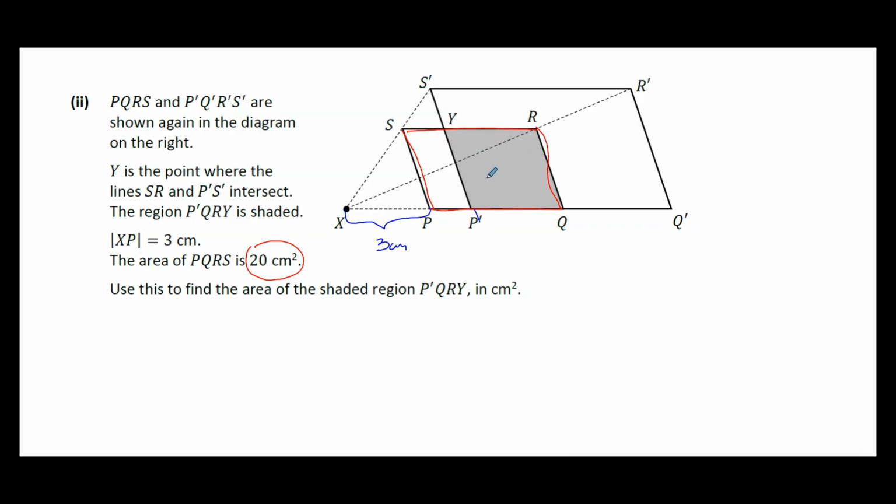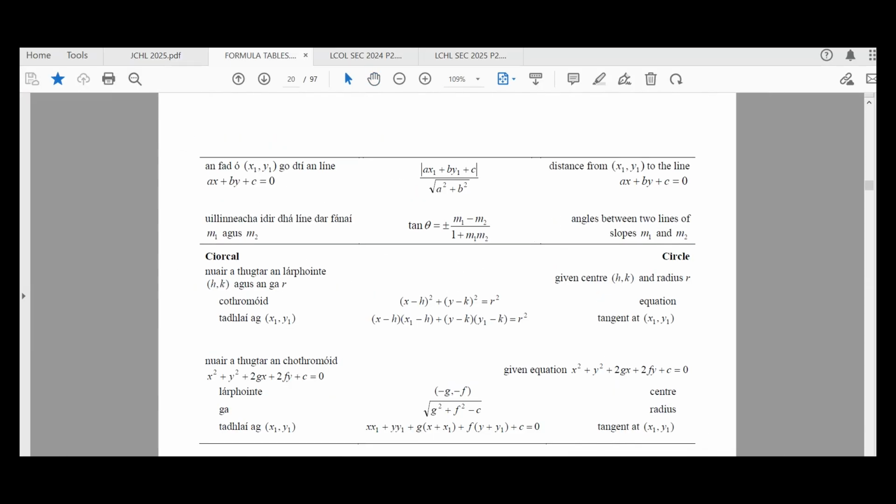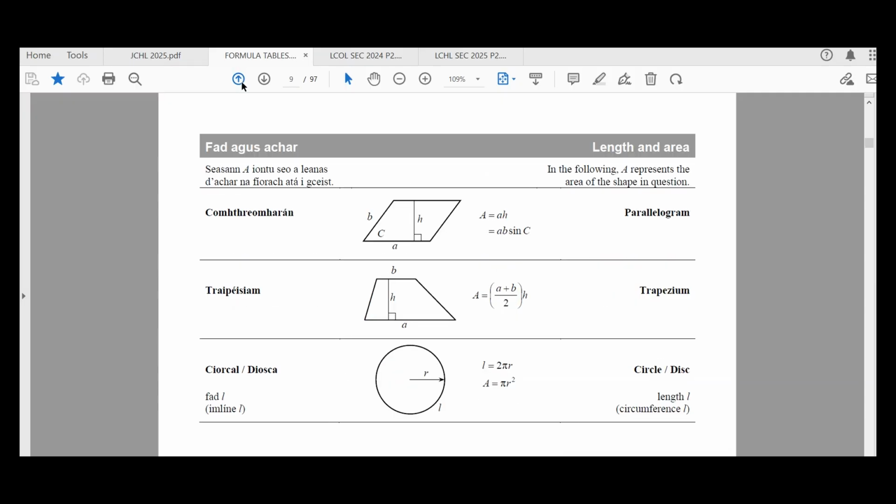So they give me an answer here. Always remember in a question, when they are giving you an answer, you have to consider how they got that. How do we calculate the area of a parallelogram? If we go to the table, that's where it is. We have parallelogram and the area.